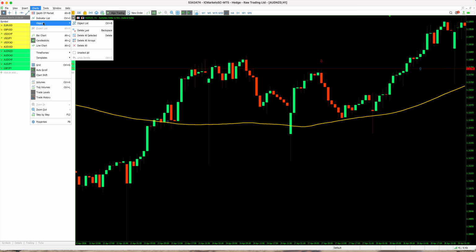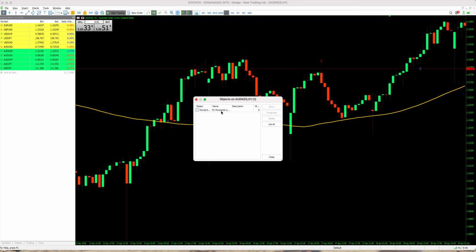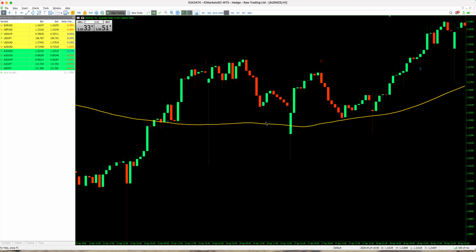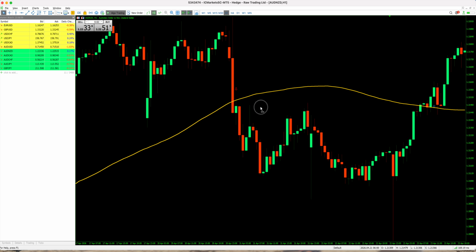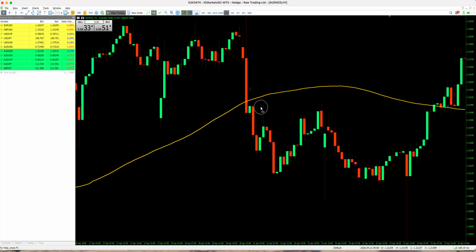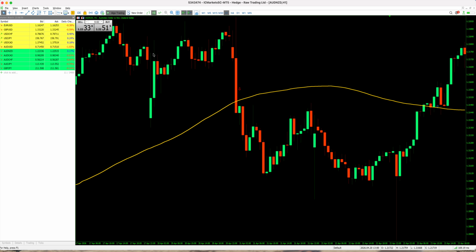So if we go to the object list, horizontal, delete, let's make another one. In this case, you can see here will be our entry. Here we got the signal, and our entry will be here.